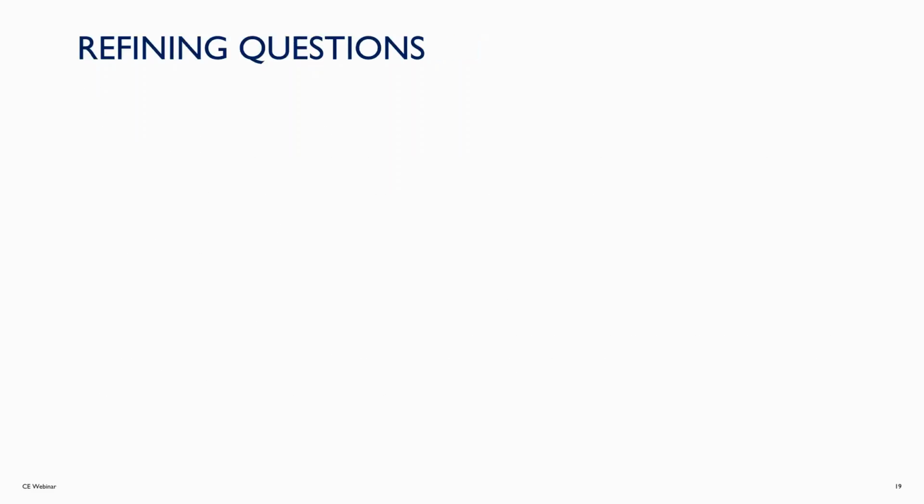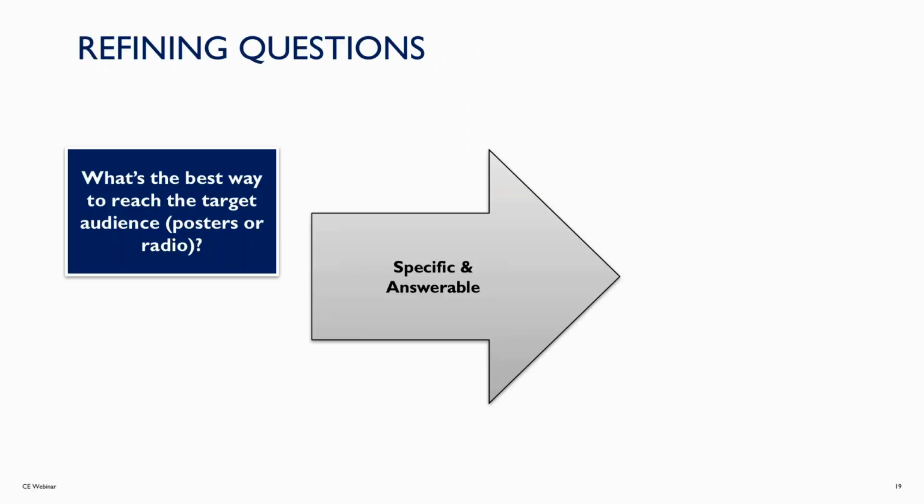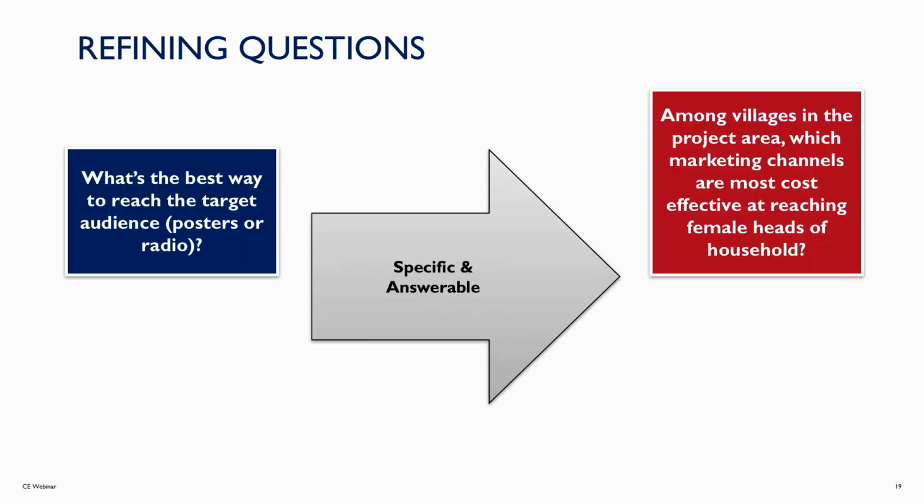As you start to refine questions, it can look something like this. So we had a question of what's the best way to reach the target audiences, and making this more specific and answerable, we might have something like, okay, among villages in the project area, which marketing channels are most cost-effective at reaching female heads of household?